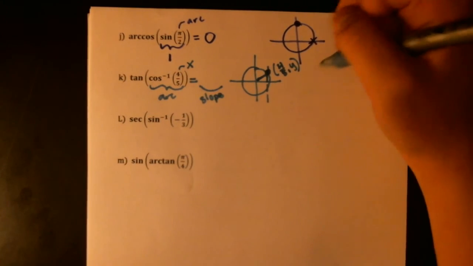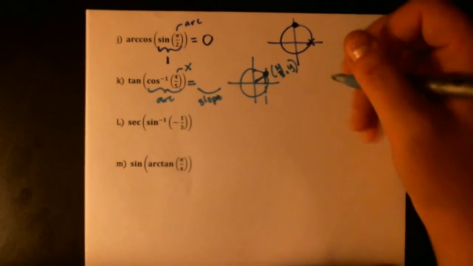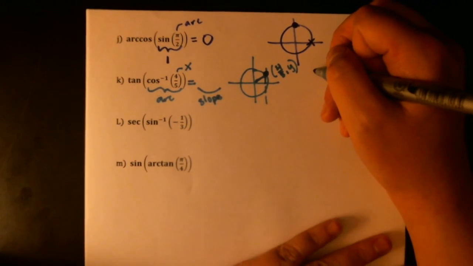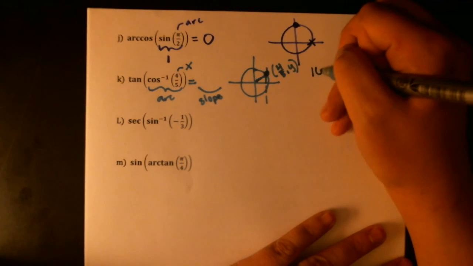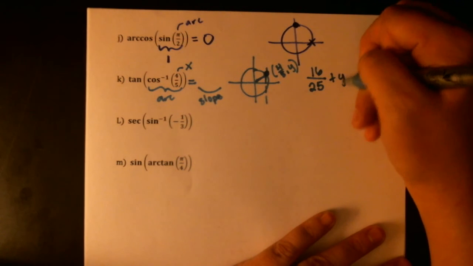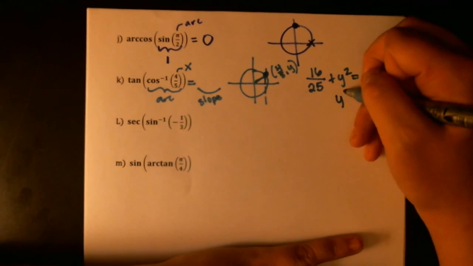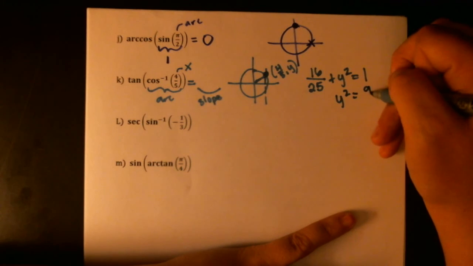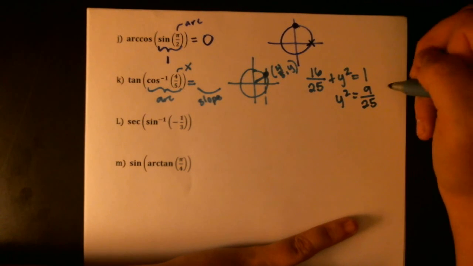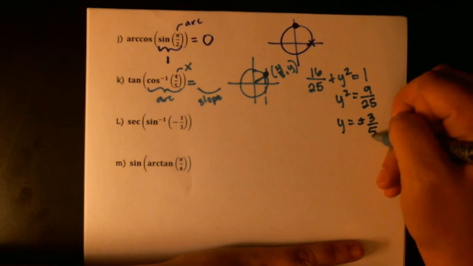To get its slope, I need a rise over run, so I need to know that y value. But we've already got the skills to do that. We would use the Pythagorean theorem. So 4/5 squared is 16/25 plus y squared is equal to 1, which means y squared is equal to 9/25, which means y is plus or minus 3/5.